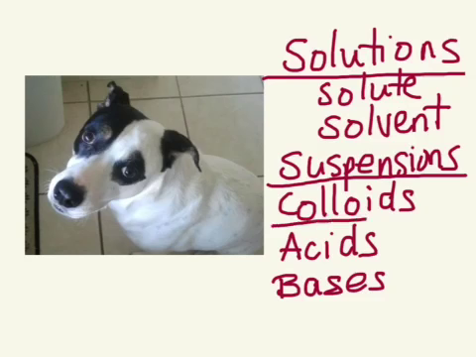We also talked about colloids, which are somewhere between suspensions and solutions because the particles are very, very tiny and they tend to float around, but they scatter light. We also talked about acids and bases and their properties and how acids and bases form and show their properties in solutions. This is all I have for the notes for this time.